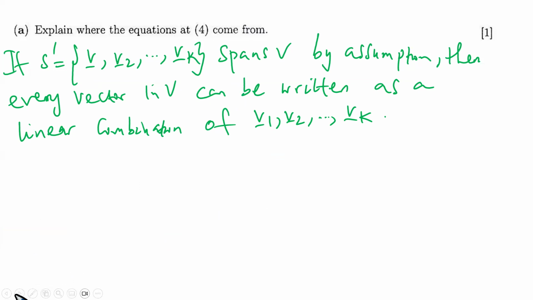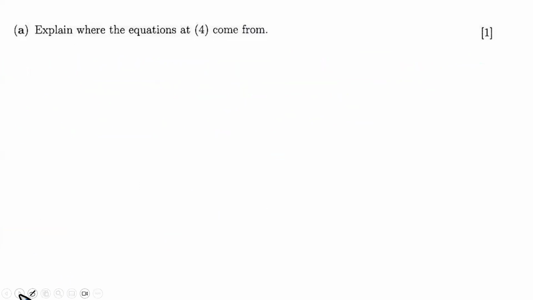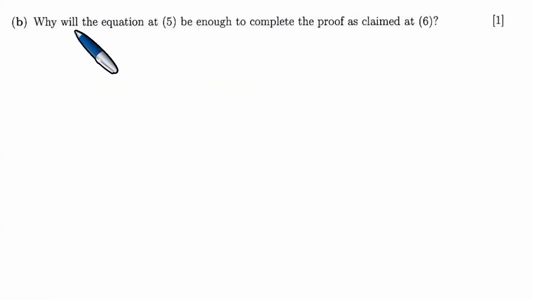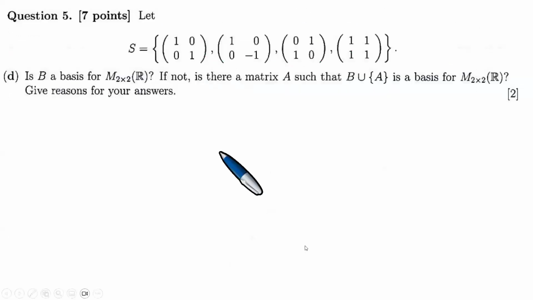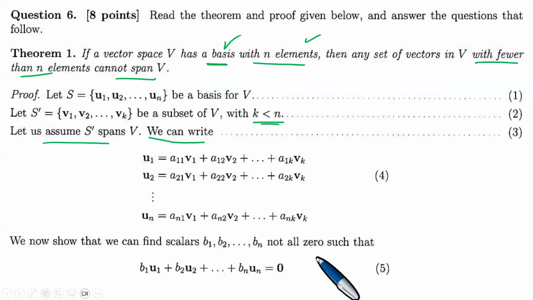We move to the next point, B. All right, so let's check. Why will the equation at 5 be enough to complete the proof as claimed at 6? Let's check that. Why will the equation at 5, which is this one, be enough?